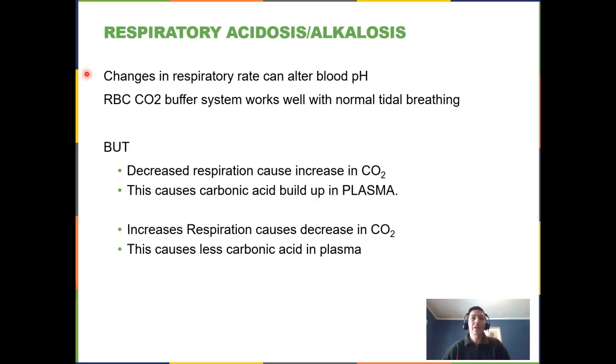So the first thing you want to keep in mind is that if you're breathing normally, or just a little fast or a little slow, so you're within a relatively narrow window close to your normal tidal breathing rate or volume, then your pH stays the same, and your bicarbonate buffer system helps work to keep your pH stable.